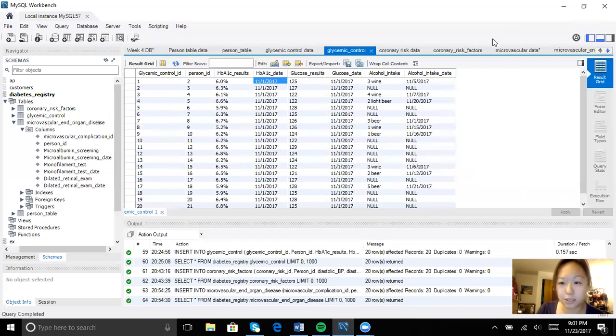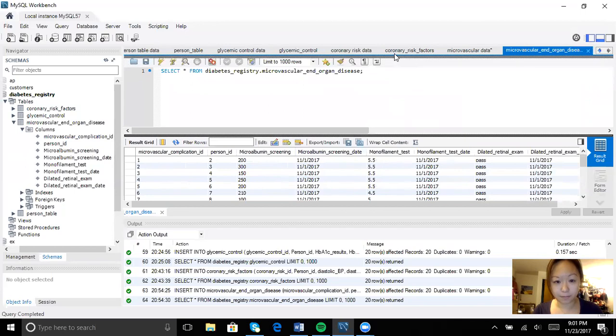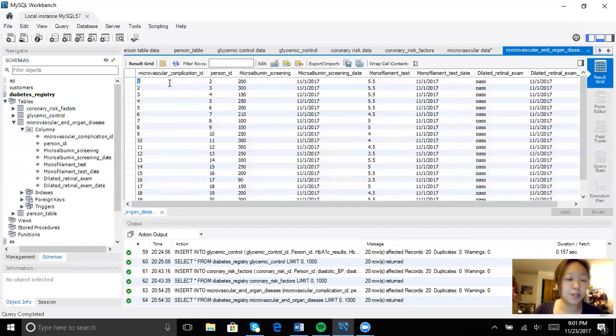The next table, end organ disease, microvascular end organ disease. Here's our table. This also, the primary ID is the microvascular complication ID key here. It again relates to the person. And then these were the results of the microalbumin screening.